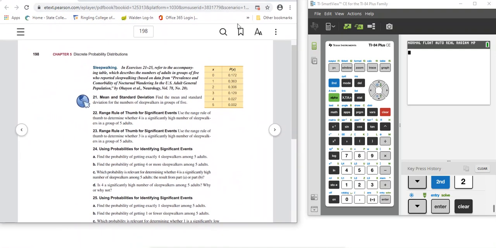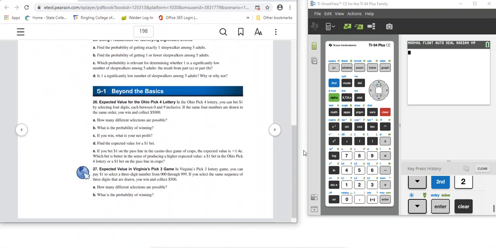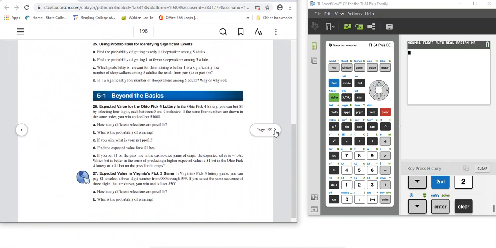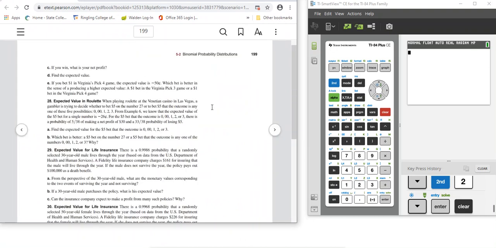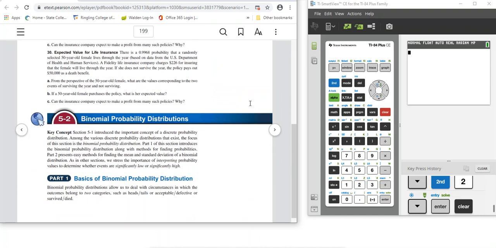Okay. All right. Now, the formula that I talked about, it works in general for discrete distributions.